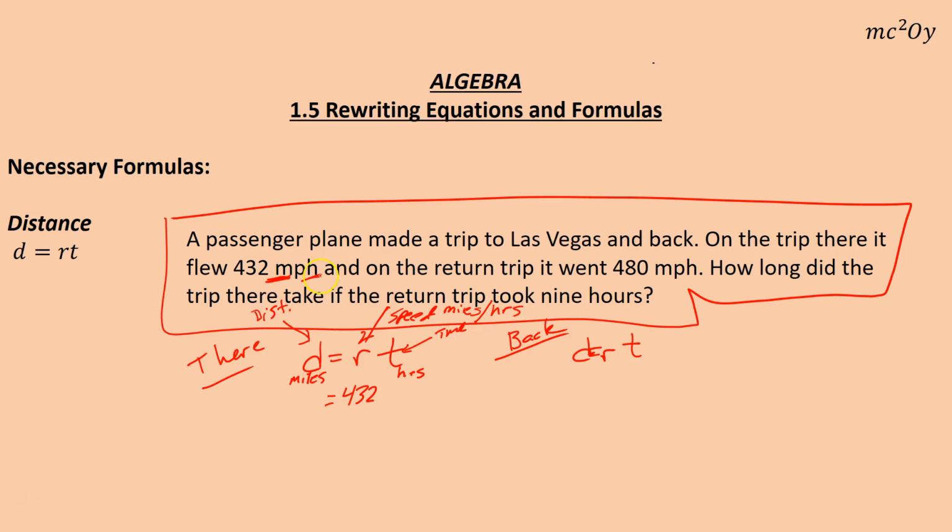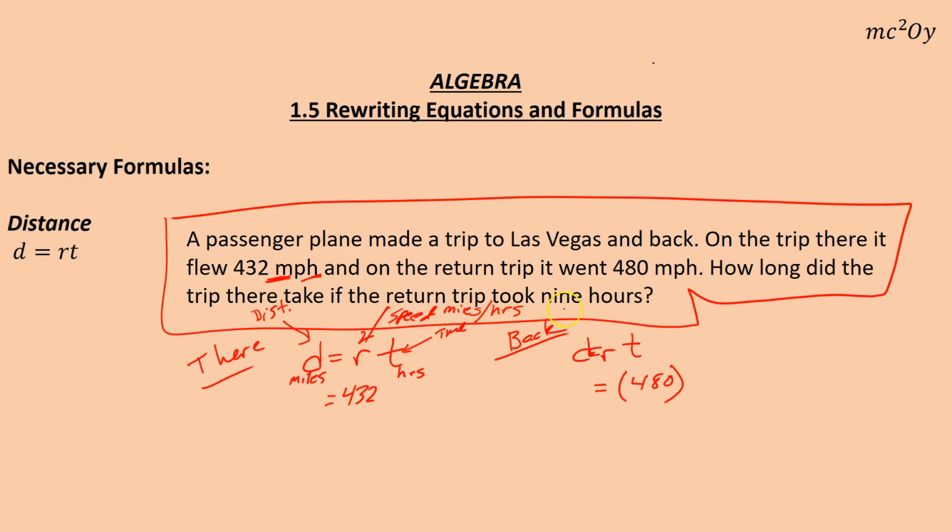Okay, and so we're looking at miles per hour here, 432 miles per hour. And so to think through this, we have 432, and we're trying to compare a trip there and a trip back. On the way back, our rate changes to 480.